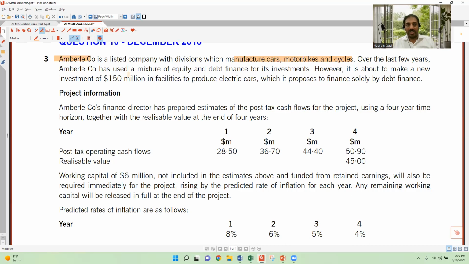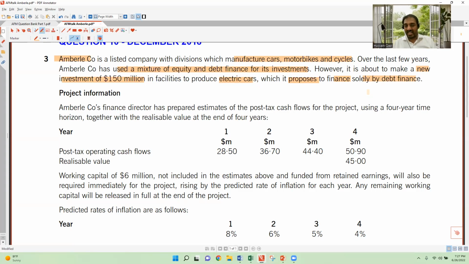Over the last few years, Amberle has used a mixture of equity and debt for its investment. That's an important point if you are going to write something. However, it is about to make a new investment of 150 million in facilities to produce electric cars, which it proposes to finance solely by debt finance.